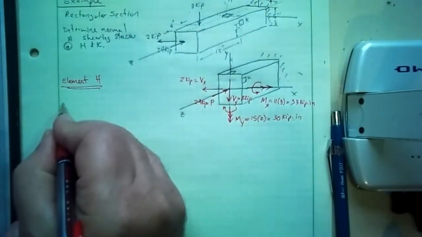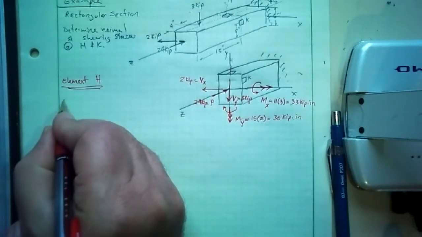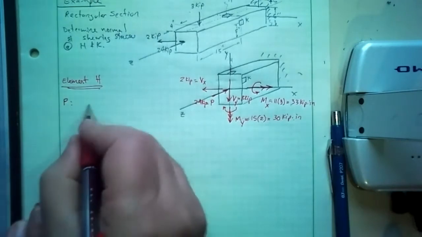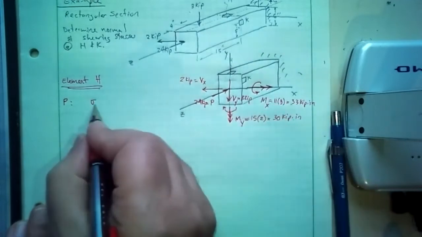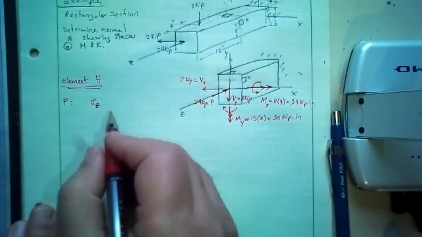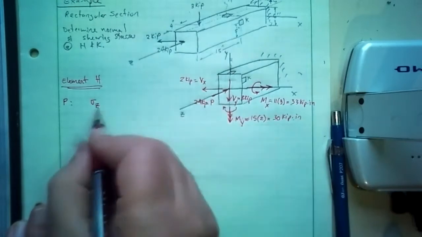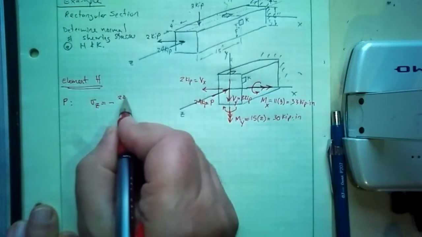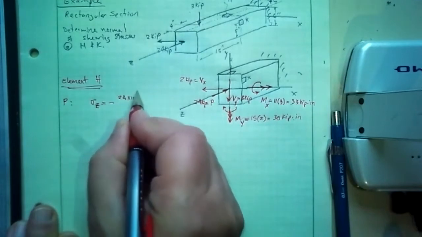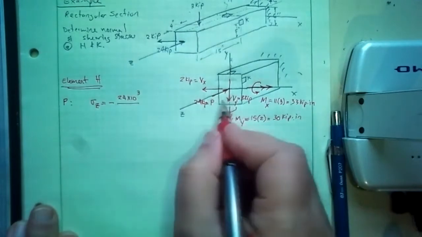P, the axial load P, causes stresses along the length. Length is Z, so this is sigma Z. And since it's compressing it, it's a minus 24 times 10 to the 3 divided by cross-sectional area.